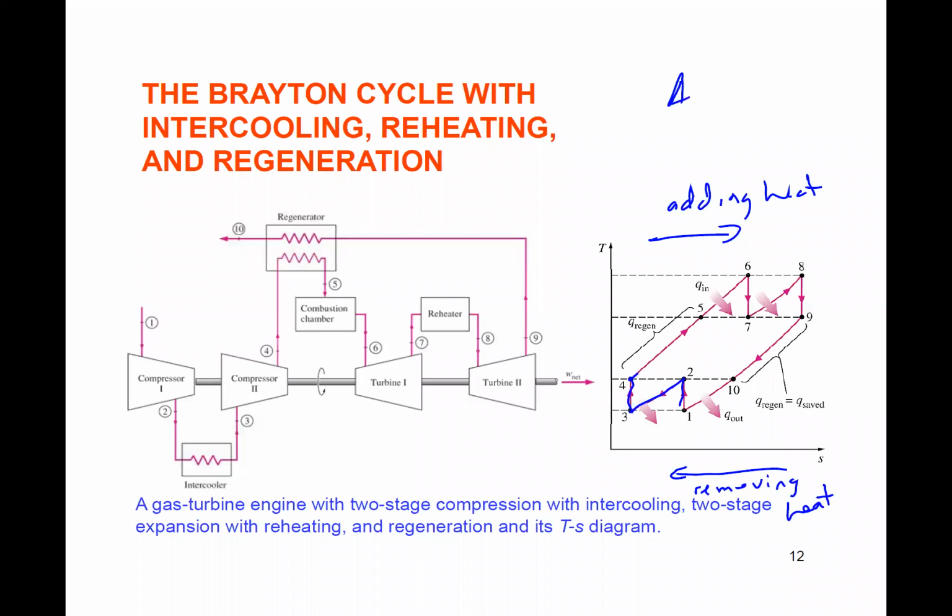Right, if you just think of this part of it, now if you're adding heat, you're adding entropy. If you're decreasing heat, decreasing entropy, and that's this part. So now we're adding thermal energy from 4 to 5, so we're going to go left to right.